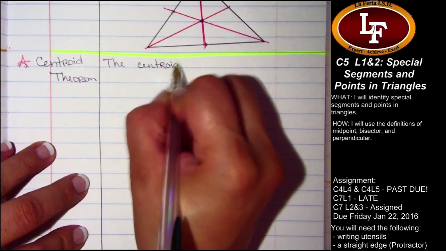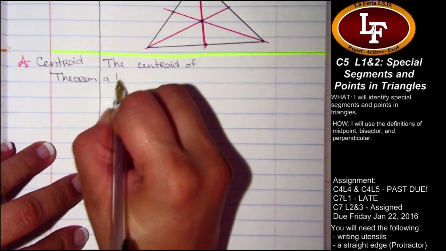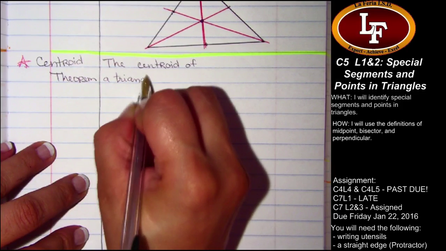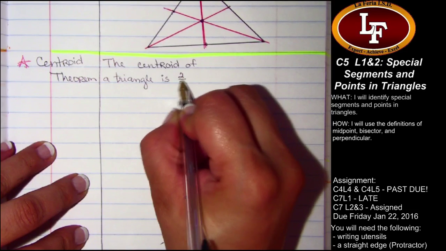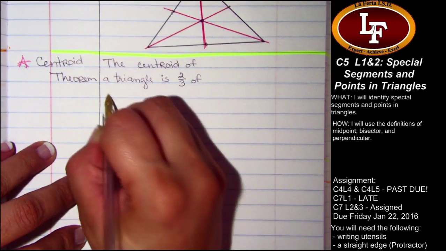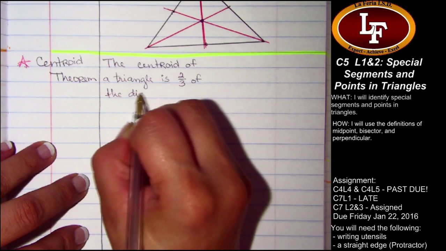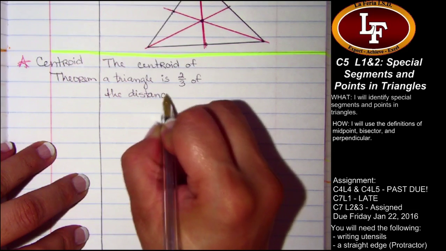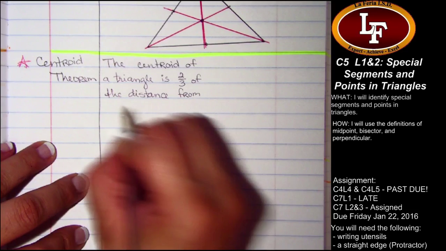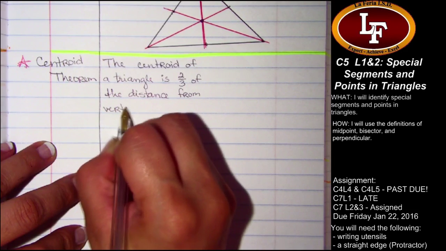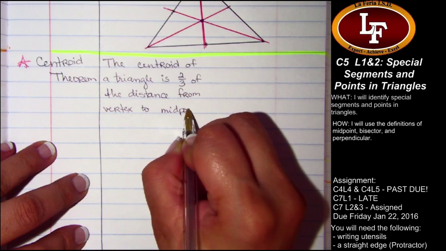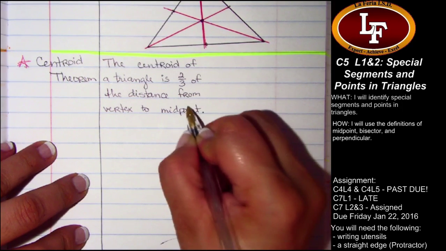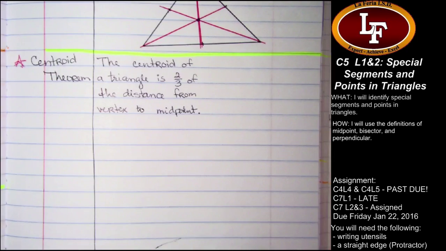The centroid of a triangle is 2/3 of the distance from vertex to midpoint. Go ahead and draw your triangle.